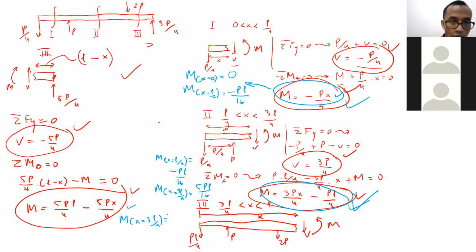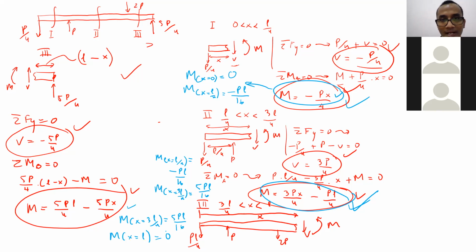Yeah, so it's supposed to be the same as this, right? 5PL over 16, right? And the endpoint at L is supposed to be 0, right? Yeah. So now we know all the values for the moment, so we can use the starting point and the endpoint to draw the diagram.